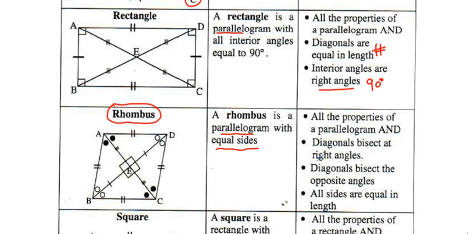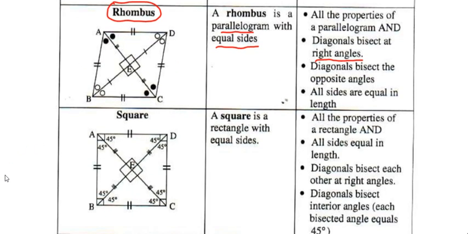The diagonals bisect at 90 degrees, very useful because you could work with the gradients multiplied equals -1. The diagonals bisect the angles, not so important in analytic geometry, but could help you with angles of inclination. And all four sides are equal, very, very important.